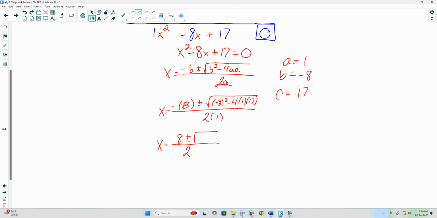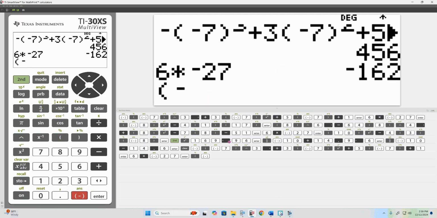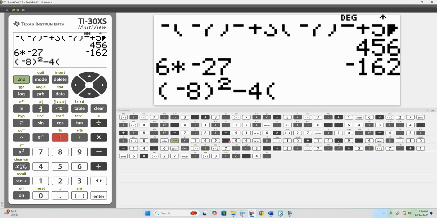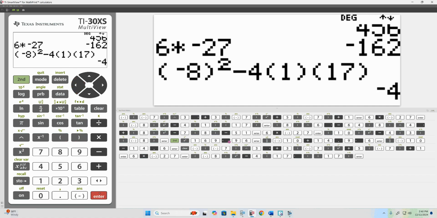I would take everything inside that radical and plug it into the calculator before we do the radical. So we have negative 8 squared minus 4 times 1 times 17 is negative 4.